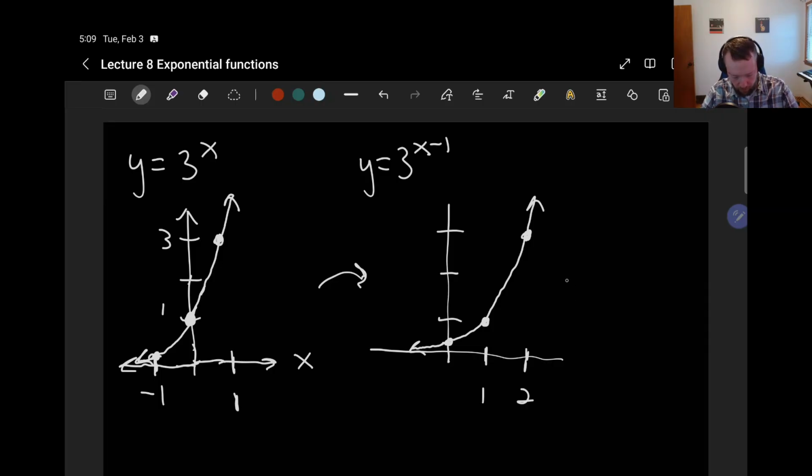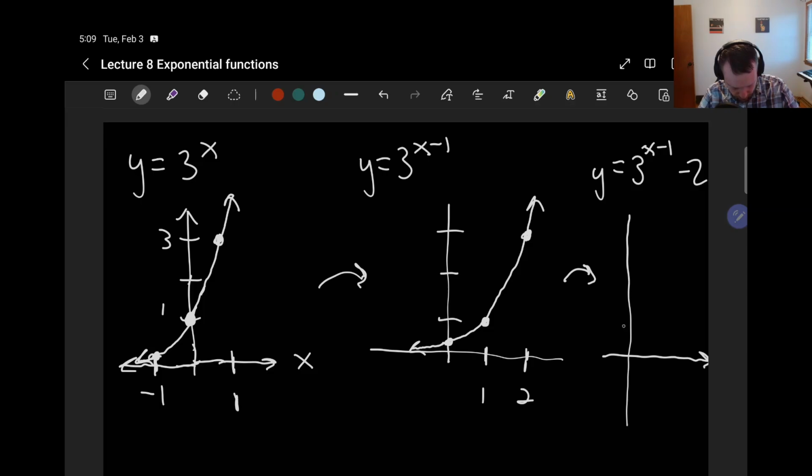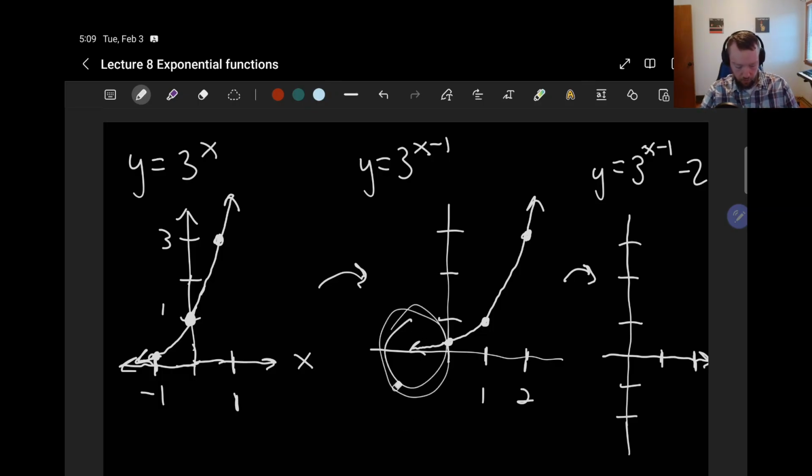And now we throw in the -2. Hope I can squeeze it on here. We take our previous graph and move everything down 2 units. So before, we were always just above the x-axis.